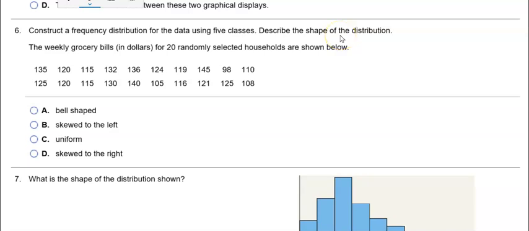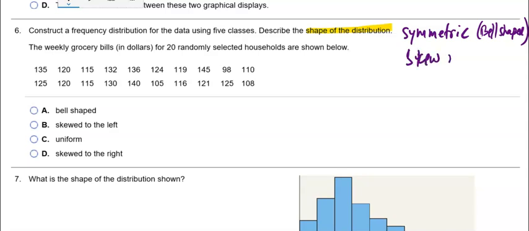Remember that there are three shapes of distribution. One is symmetric, the same as bell shaped, another is skewed right, and the other one is skewed left.